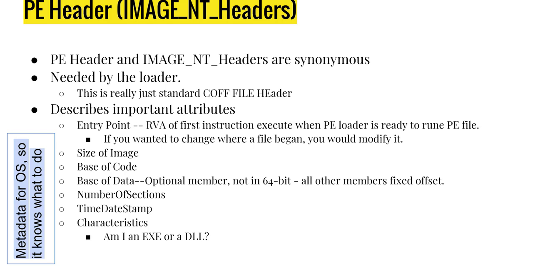So essentially metadata about the file. This is information the operating system needs to know so that when it loads it, it knows where to find the sections. It knows other important attributes such as whether it's an executable, whether it's a DLL, is there ASLR, is there DEP, is there CFG.